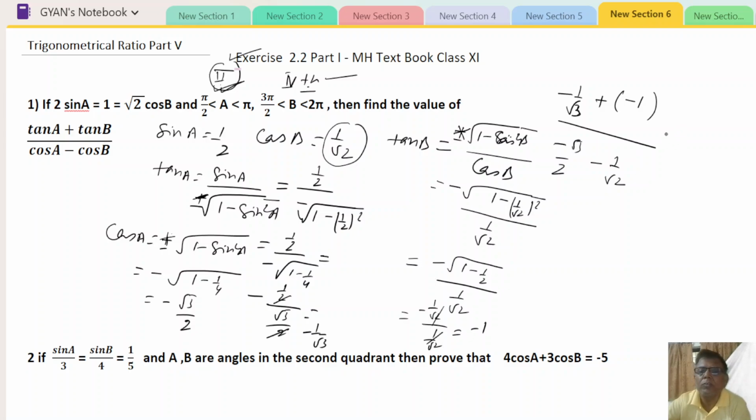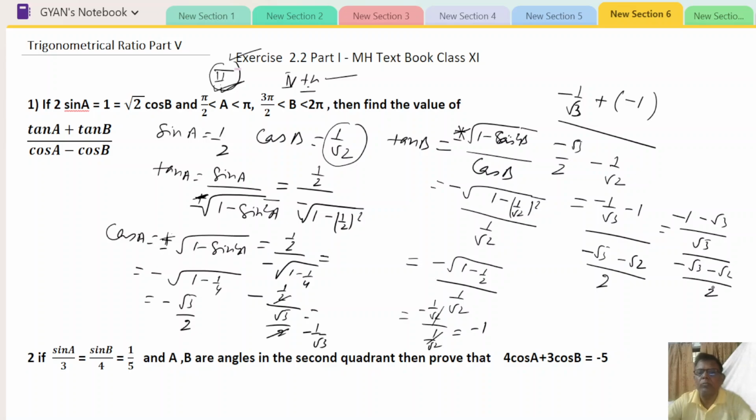Now you solve it. Then it will be minus 1 by root 3 minus 1 divided by, you take the LCM 2, minus root 3 minus root 2 over 2. So minus 1 minus root 3 divided by root 3, divided by minus root 3 minus root 2 divided by 2.